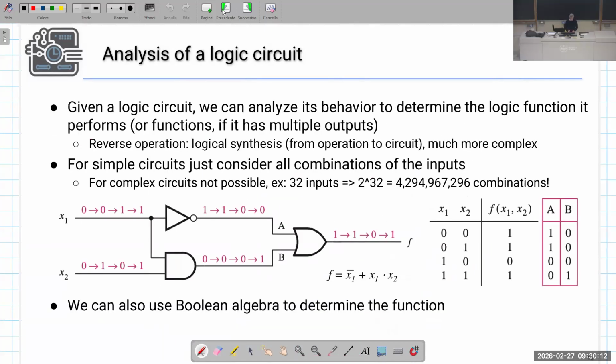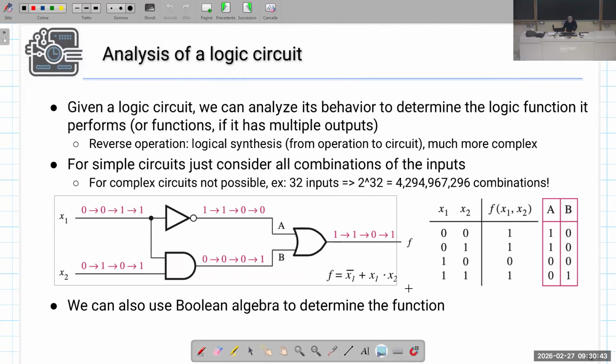When we have these circuits, we can also describe and analyze their behavior, starting from the external inputs and considering step by step the intermediate signals, to analyze the behavior of the overall system. I would like to show you an example of that.